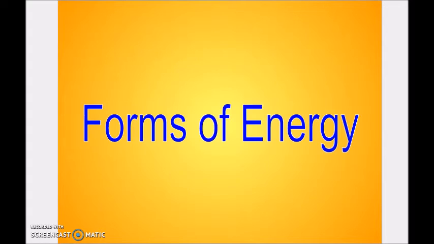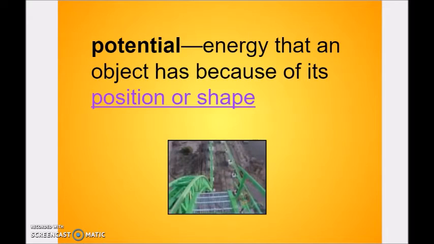All right, next we're going to talk about the different forms of energy or types of energy. One type of energy is going to be on the left side of your paper, and the other type of energy is going to be on the right side of your paper at the top. Okay, so potential energy is energy that an object has because of its position or its shape. Now what does that mean, position or shape?